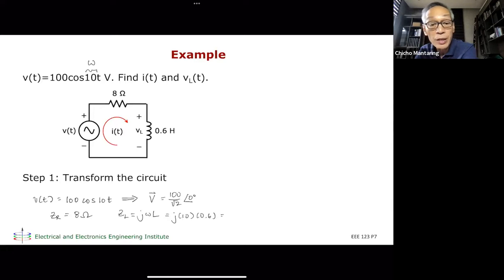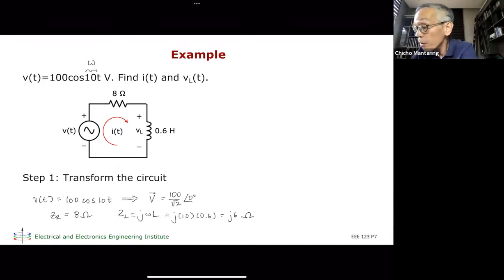So Z's of L is J6, and the units of this is ohms. By the way, the units for impedance is always ohms, because it is a ratio of voltage to current.